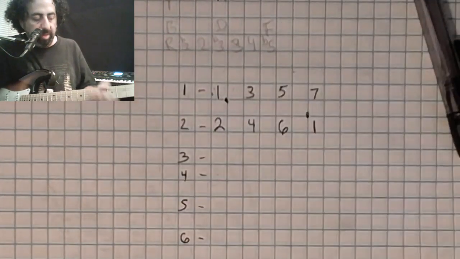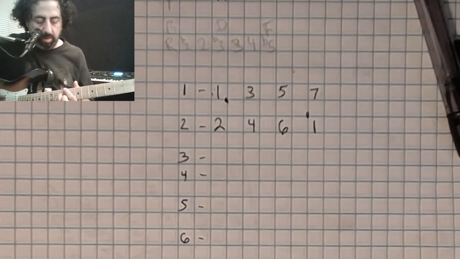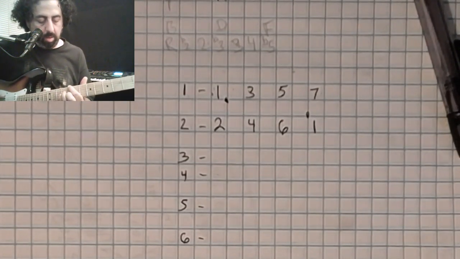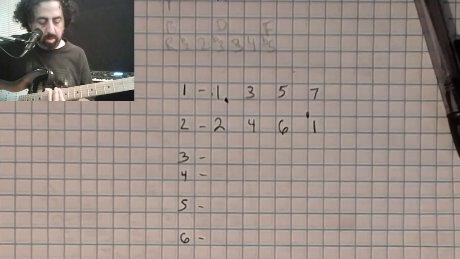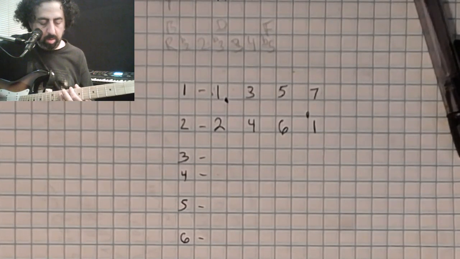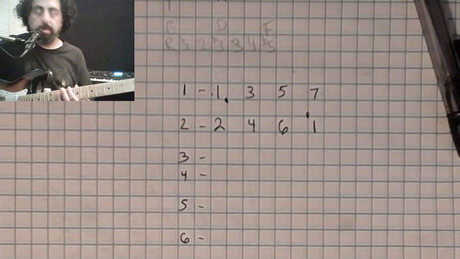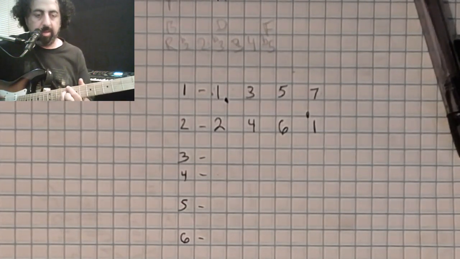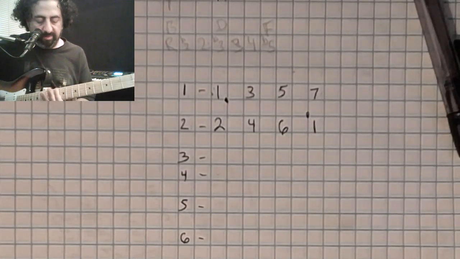So let me play these as 7th chords. Both of them have a C. One is the root note in C, and then it's the 7th.